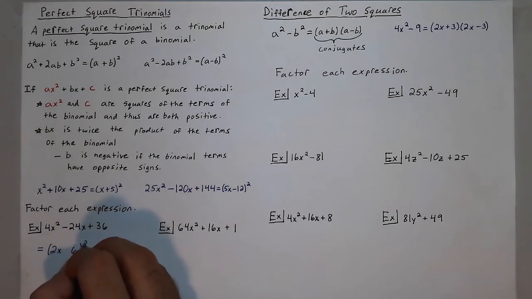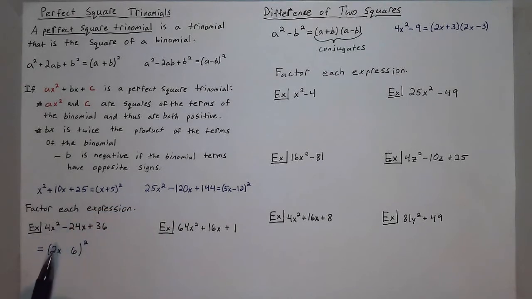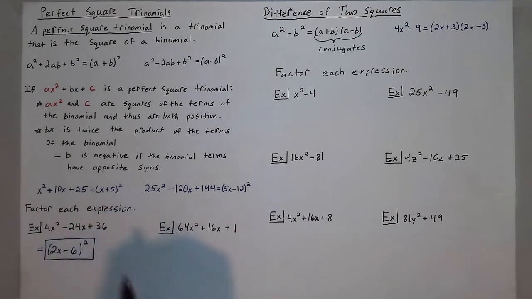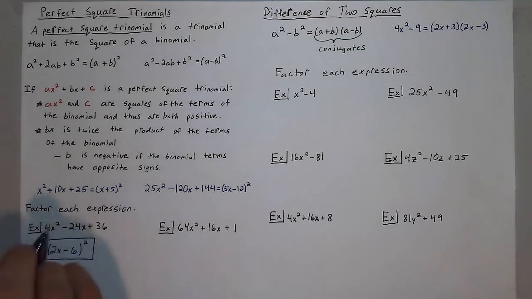And to see if we can factor it into this, we're going to check if we multiply 2x times 6, we get 12x. Double of that is 24x, but since I want it to be negative, I'll make that 2x minus 6. So now it's negative 12x times 2, which is negative 24x. So when it is a perfect square trinomial, it's actually a very quick way to factor it.